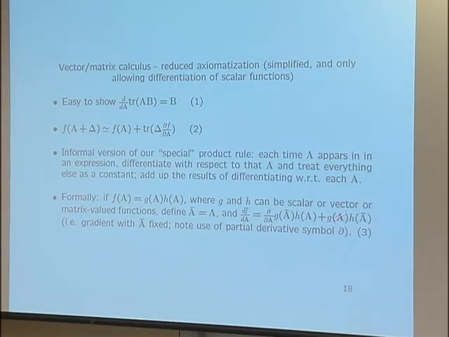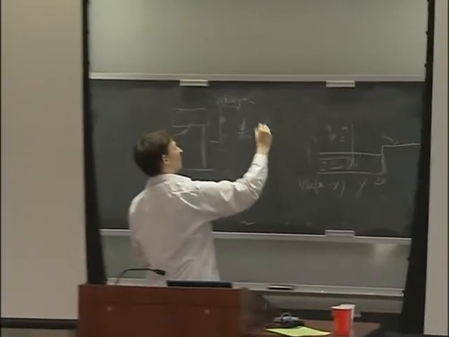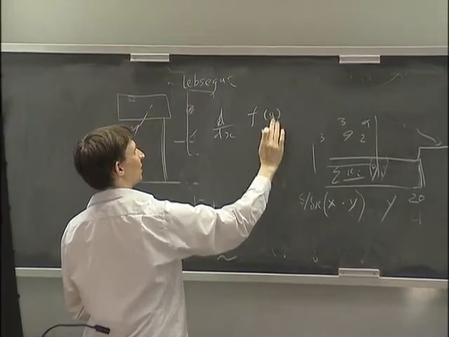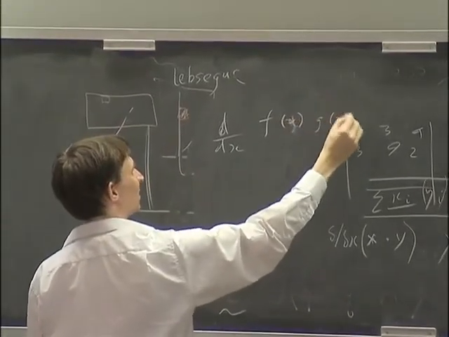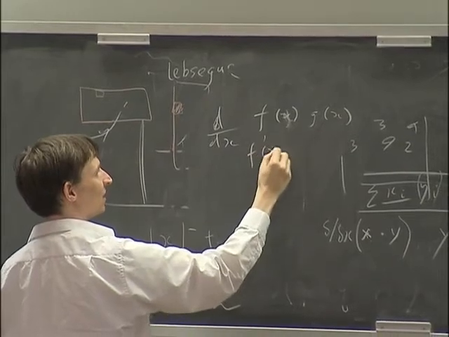Now, these two are about the product rule. If you remember in normal calculus, you have this product rule that says d by dx of f of x, g of x is going to be f dash of x, g of x, plus g dash of x, f of x.